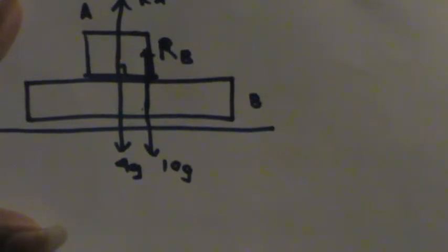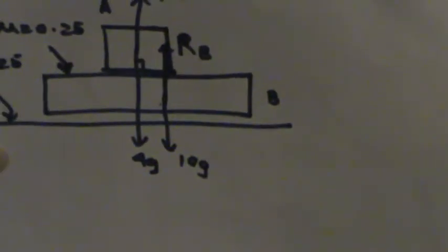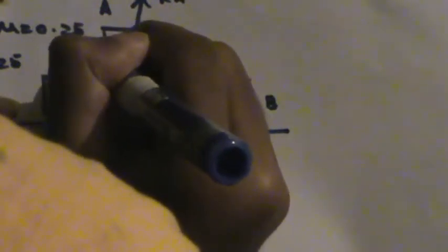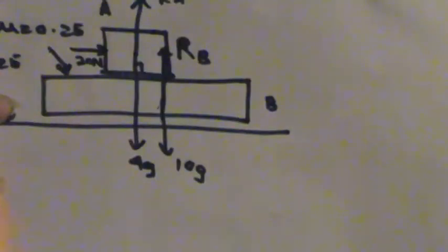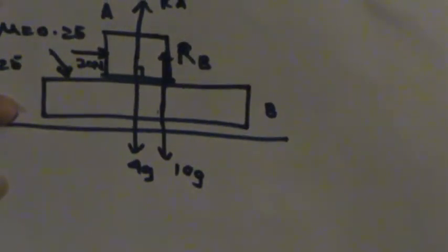Now, if there's friction, I will take the same coefficients: this coefficient of friction is 0.25, and here also mu equals 0.25. So when I apply a force, I will apply a force of, say, 20 newtons here.